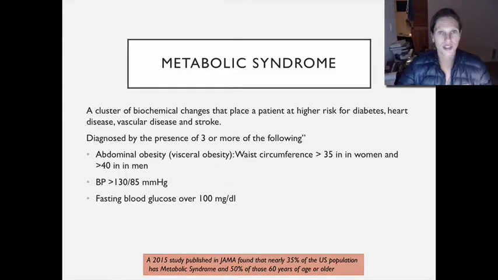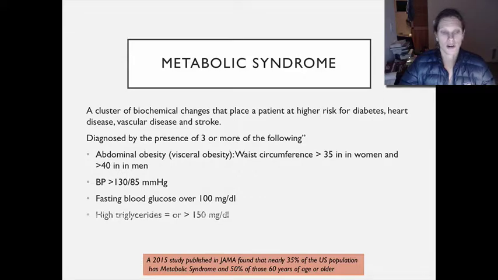A really healthy blood sugar is somewhere between 70 and 80, maybe even a little lower depending on the person. The diagnosis of diabetes isn't made until they're at 125. The diagnosis of metabolic syndrome, one of the criteria is a fasting blood glucose of over 100, or 100 even.